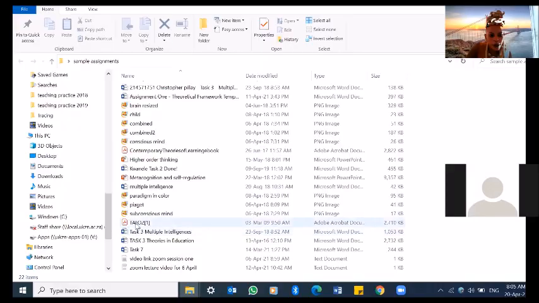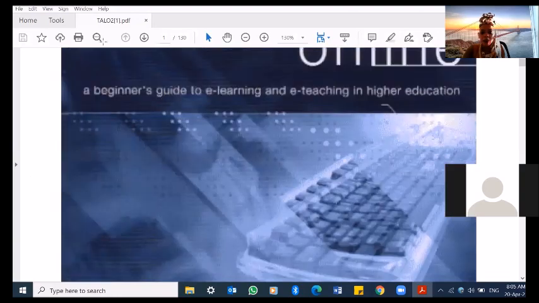Let me see, I'll start sharing, because this PDF ties very well with what we are doing. We are also going to do a small test in this module, and this test will come from this particular textbook. You'll use this textbook when you're doing the test.